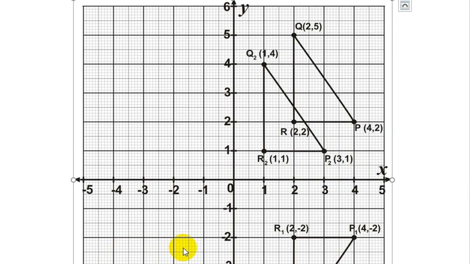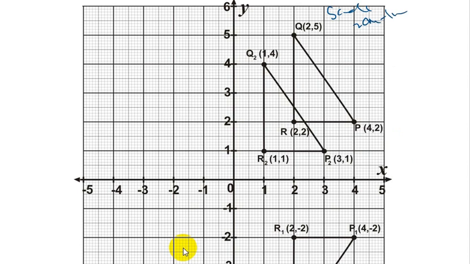You see, we were told to number from -5, that's -5 here, -5 here to 5, and -6 to 6. So the scale is what? 2 centimeters to 1 unit on both axes. Then this is the first diagram, and this is the x-axis reflection, and this is the translation.